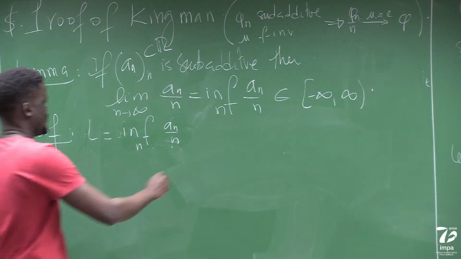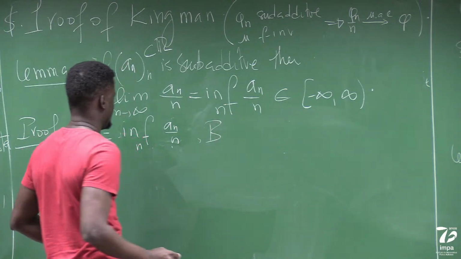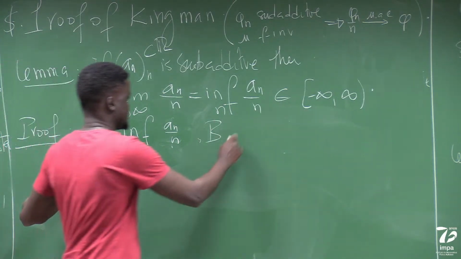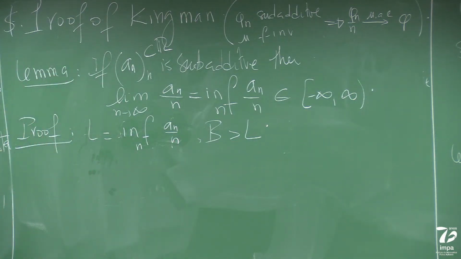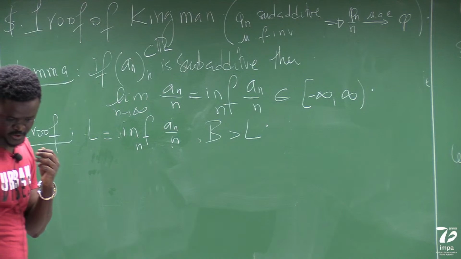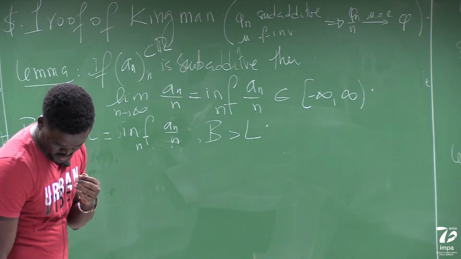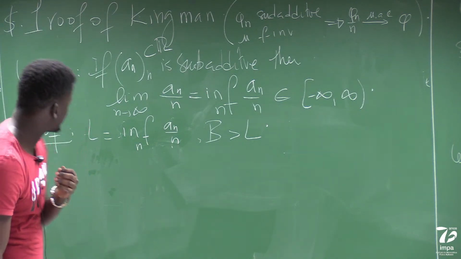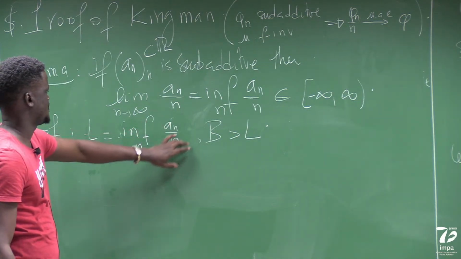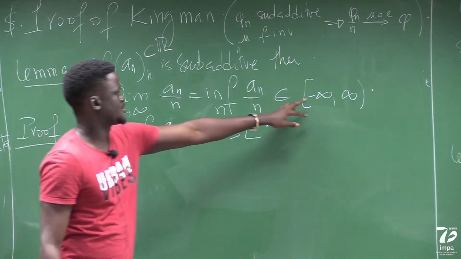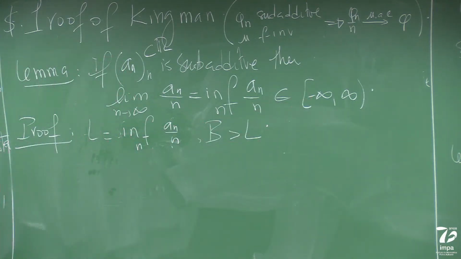We have to suppose that these guys are real numbers, because otherwise you will have the infimum to be minus infinity.